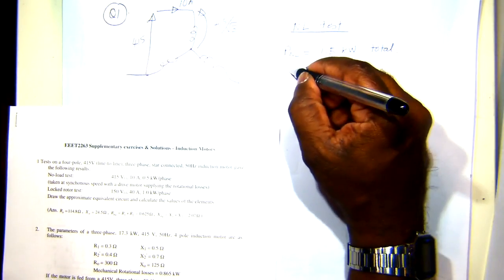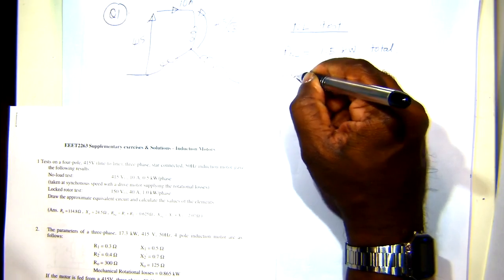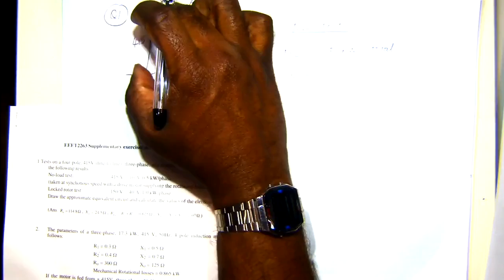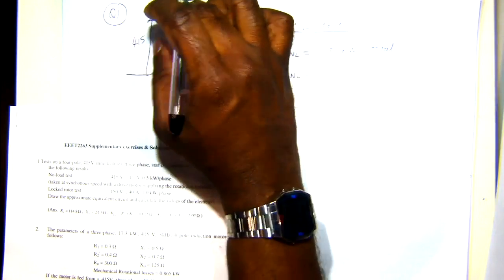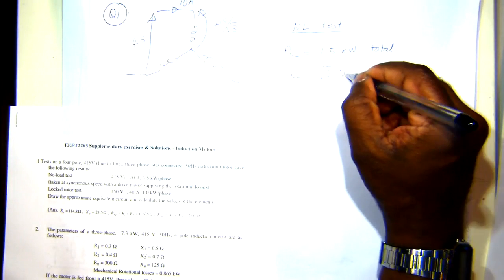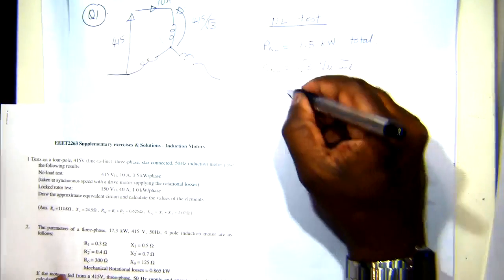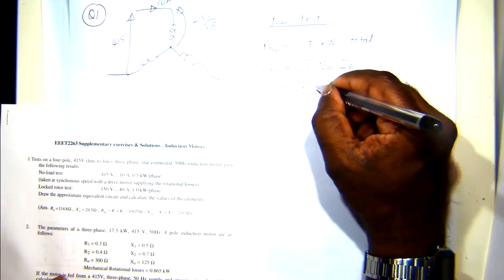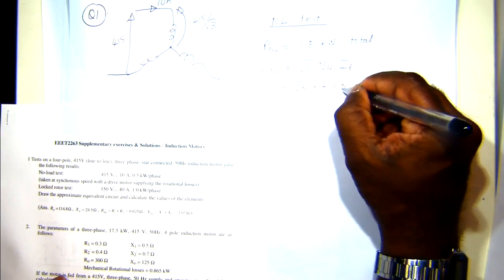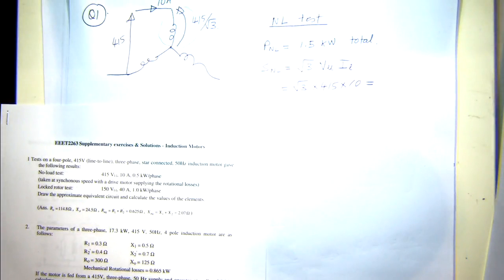The apparent power, S no load, will be root 3 times the line-to-line voltage times the line current, so 3 times 415 times 10.